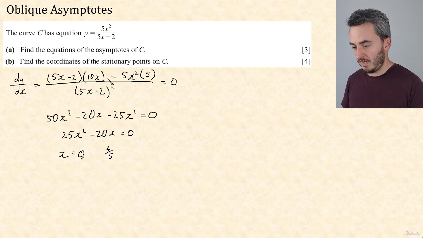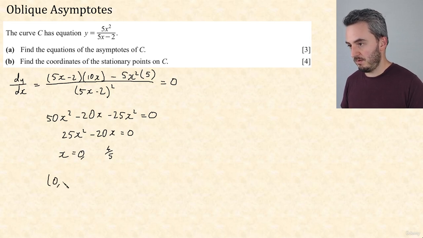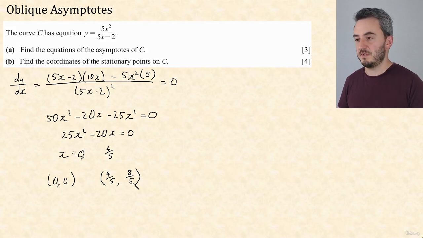But we don't just want x values, we want the y values as well. So subbing in 0, I get 0, so one of the coordinates is just 0, 0, and then subbing in 4/5, I get 8/5. And so there are the coordinates of our stationary points.